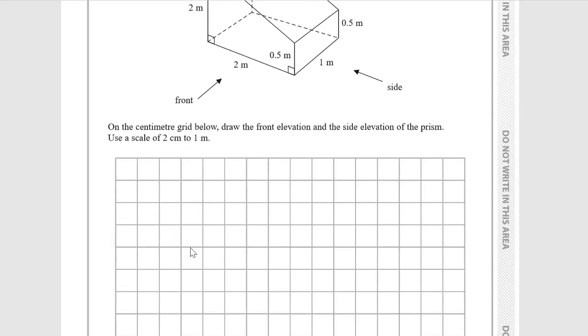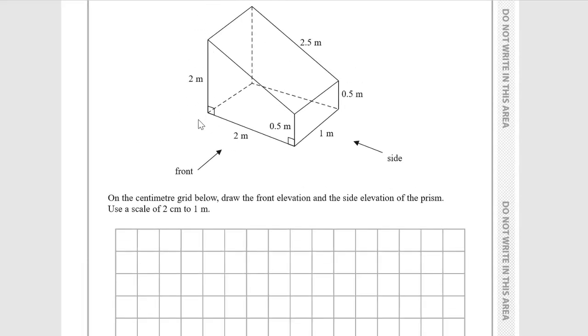Because I don't have a ruler, please excuse my lines. So let's do the front. So we know that this is 2 and this is 2, 0.5. It says 1 meter is 2 centimeters, and each one of these is equivalent to 1 centimeter.